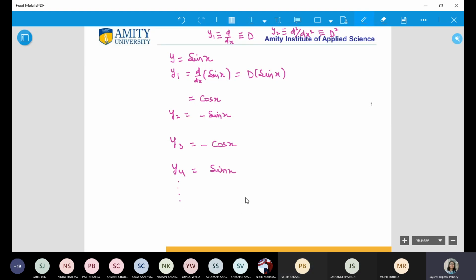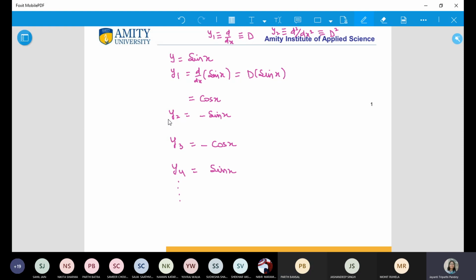That means if for sin x you have to get the nth derivative, you can keep on differentiating and solve. This is called successive differentiation. You are getting the differential coefficient of the next term by differentiating the previous term. Like y1 is calculated on the basis of y, y2 on the basis of y1, y3 on the basis of y2, and so on. Is it fine or not?